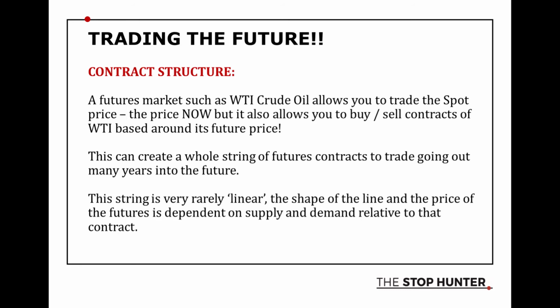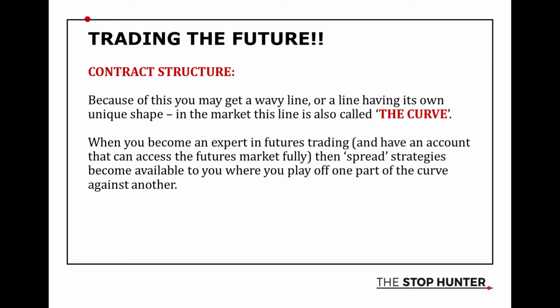But the real basis behind the sort of structure of that line is really based around supply and demand relative to that contract. Now I've been calling it a wavy line, but it's actually called a curve.